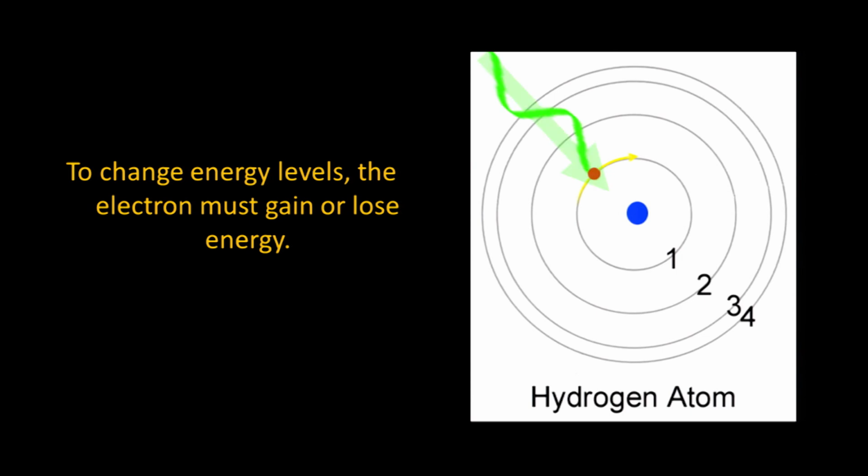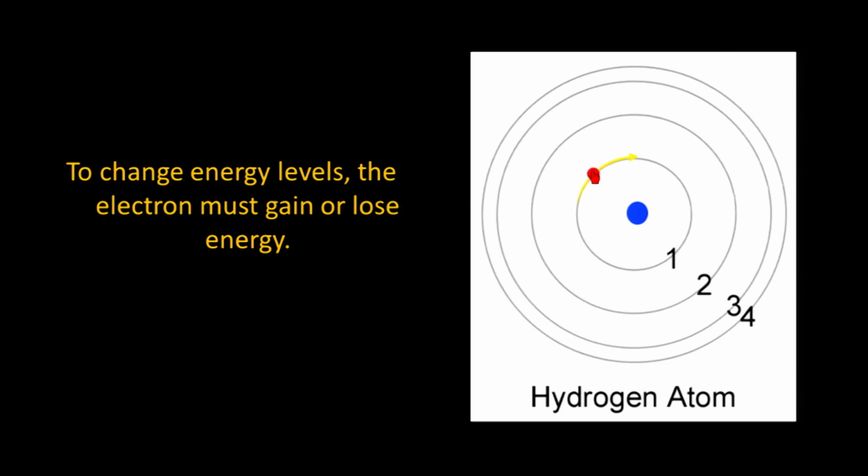Because each orbital level has a certain amount of energy associated with it, if the electron's going to be in a particular orbit level, it has to have the energy required by that level. So if I'm going to make the electron go from a low energy level to a high energy level, the electron has to change its energy. It has to go from a lower energy state to a higher energy state.